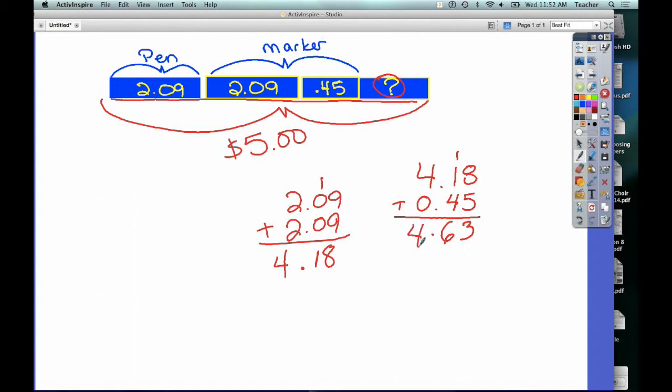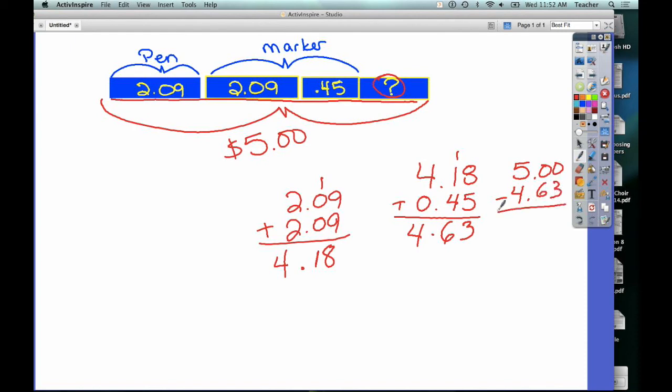Is it $5 yet? No, but we don't know what that final amount is, so how are we going to find out the difference between $5 and $4.63? Take $5 minus $4.63, and the amount we have left is the answer.